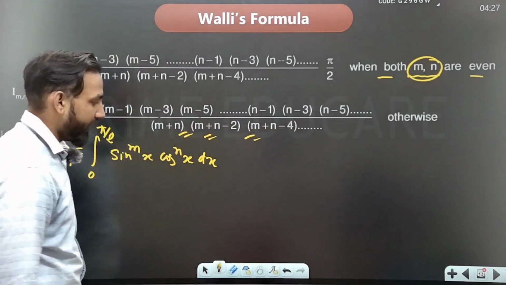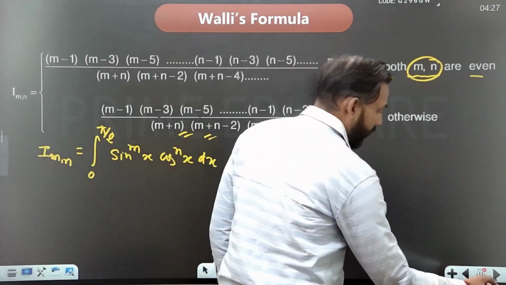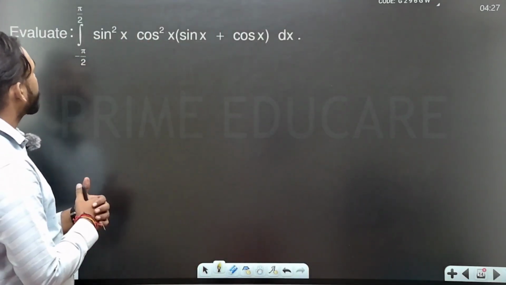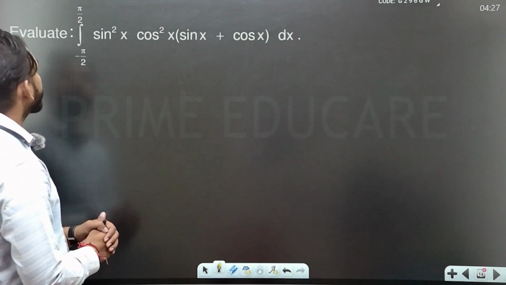Okay, it is clear. Now we try another function.